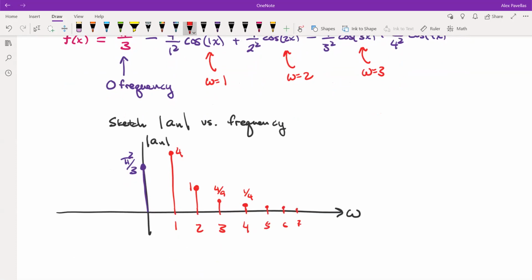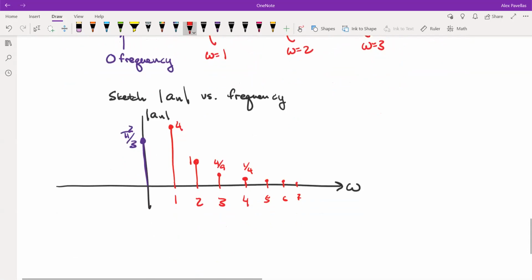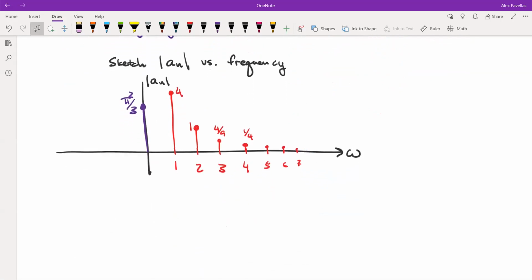If we were treating it as a sound wave, this is a much better description of what the wave sounds like than the original graph. It tells you it's loud at that frequency of 1.